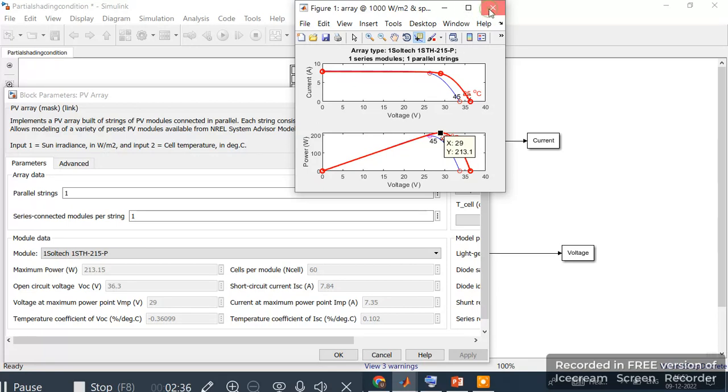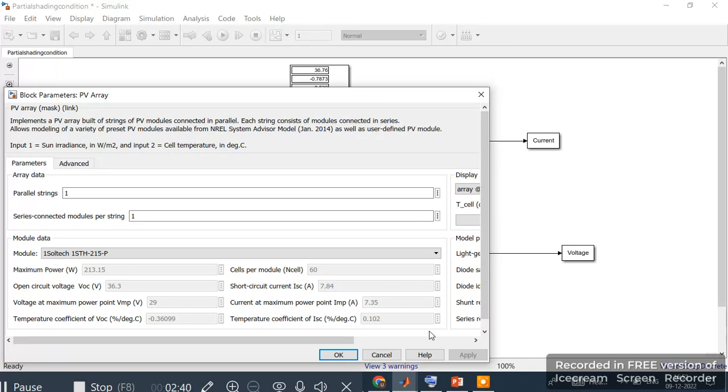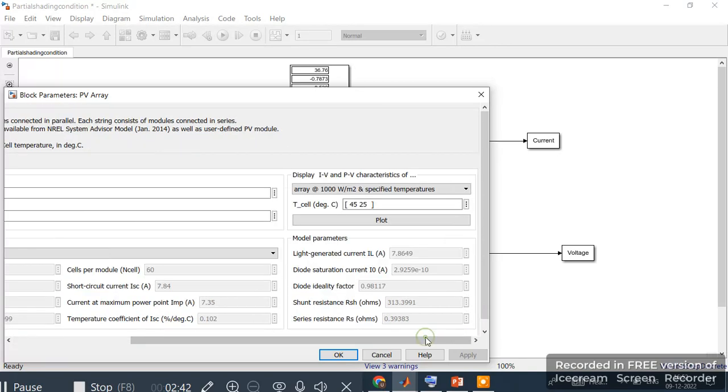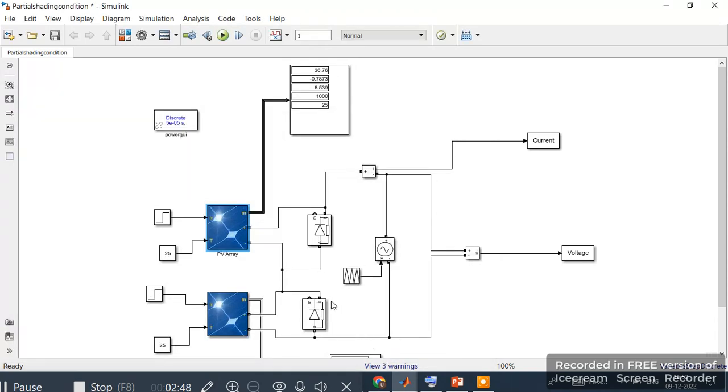Okay, so this is the maximum power which we get for 1000 watts irradiation. For other irradiations, the power will be reduced according to the ratio by which we reduce the irradiation.